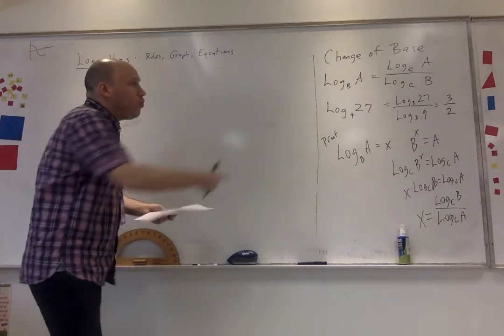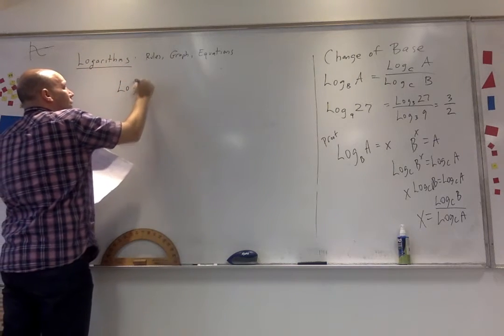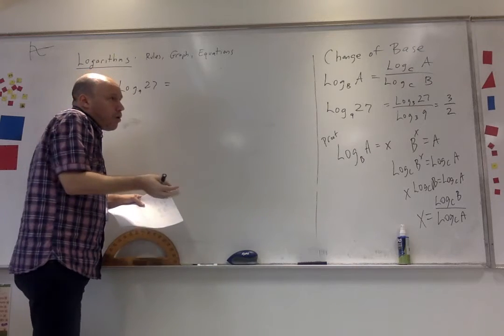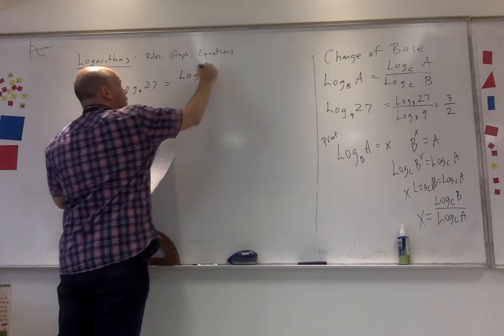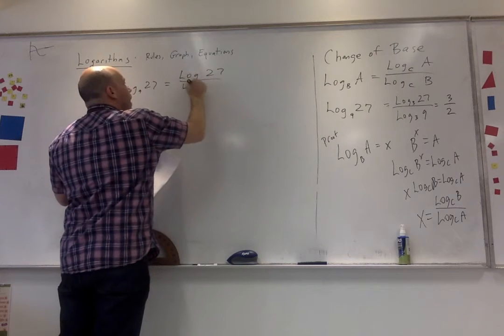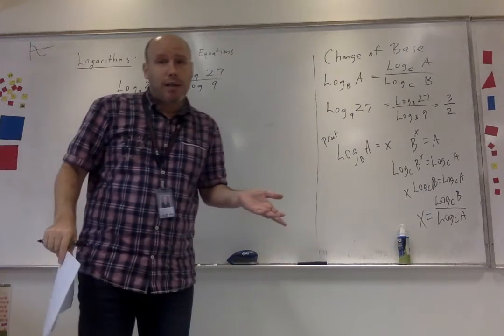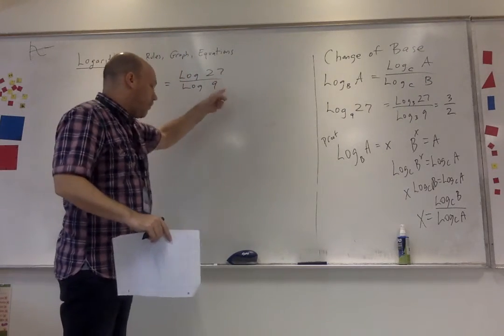So if you looked at this problem, log base 9 of 27, you had to use your calculator or the tables, and change it into log of 27 divided by log of 9. So you go to your scientific calculator, which had log and ln on it, and you're able to do this.